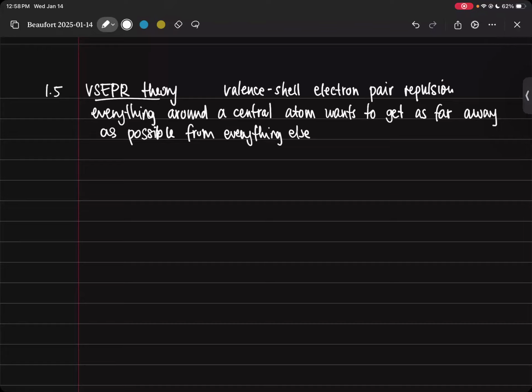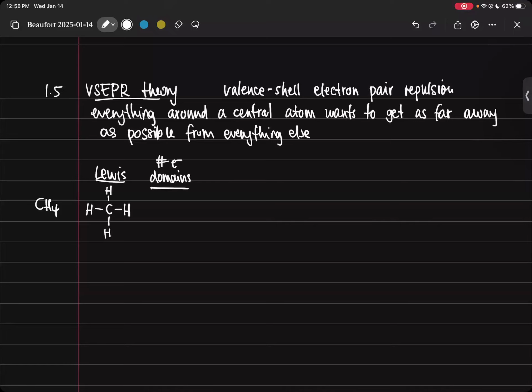So we're going to make another table here. Let's do methane, CH4. So there's our Lewis structure for methane. We need the number of electron domains around the central atom.